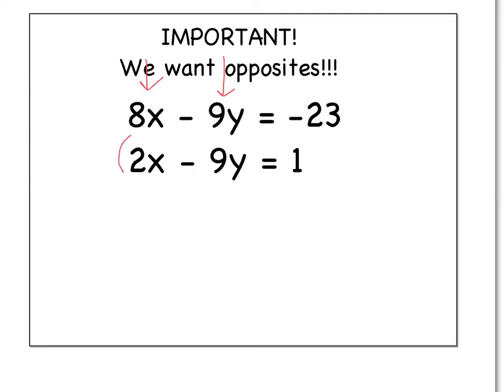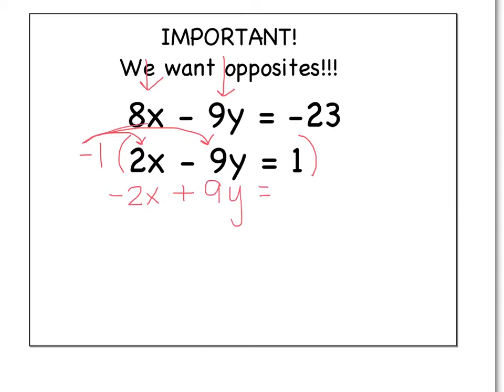So what I'm going to do is multiply everything on the bottom by a negative 1, because if I do it to one term, I have to do it to all three of them. So I'm going to multiply 2x by negative 1, which would give me a negative 2x. I'm going to multiply negative 1 by a negative 9y, which would be a positive 9y.